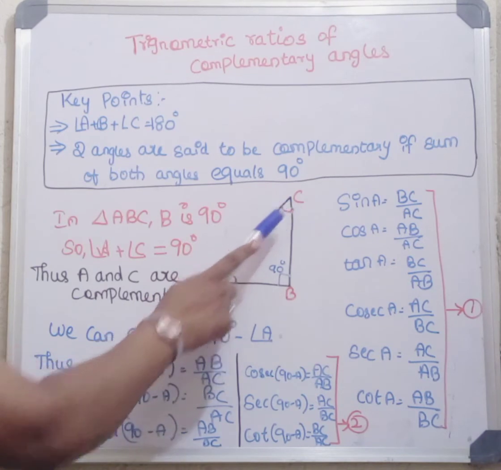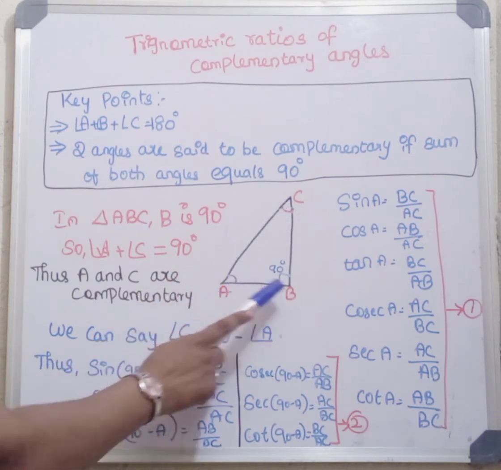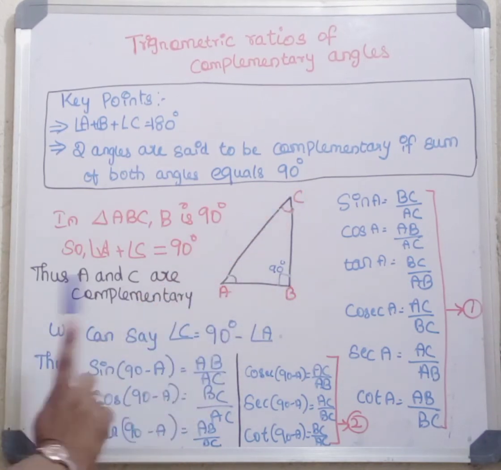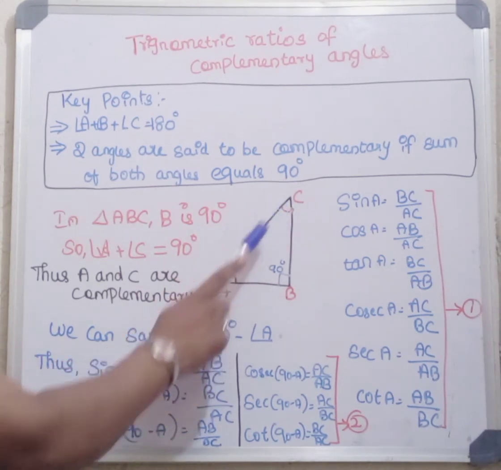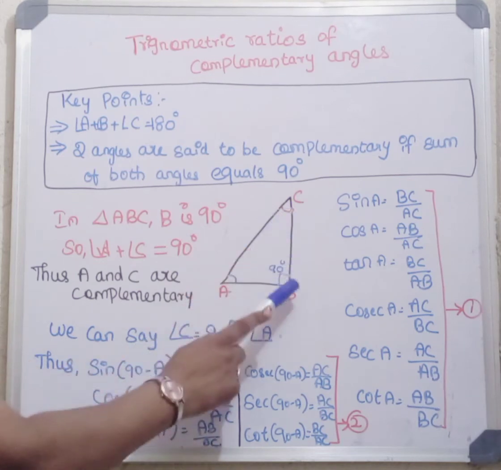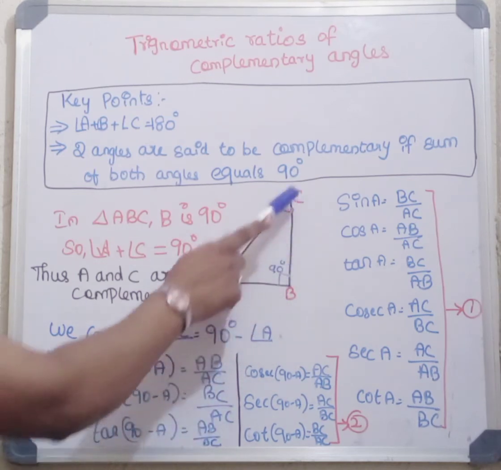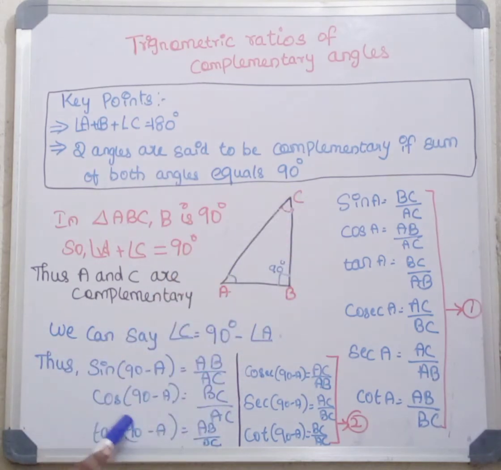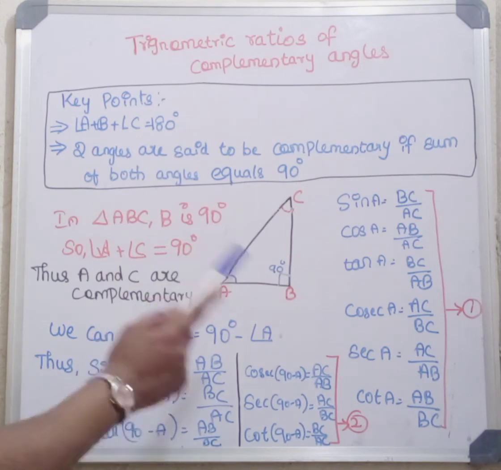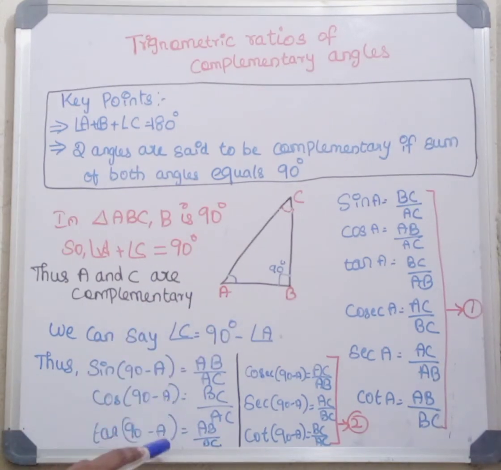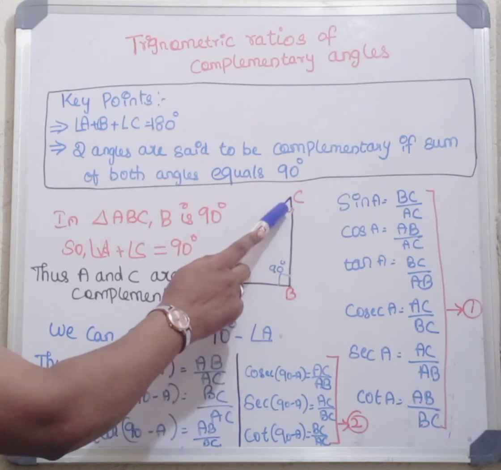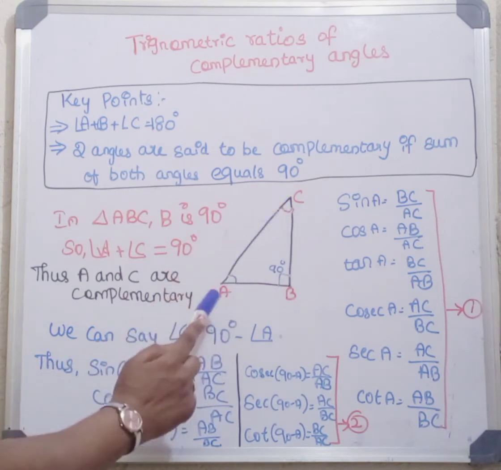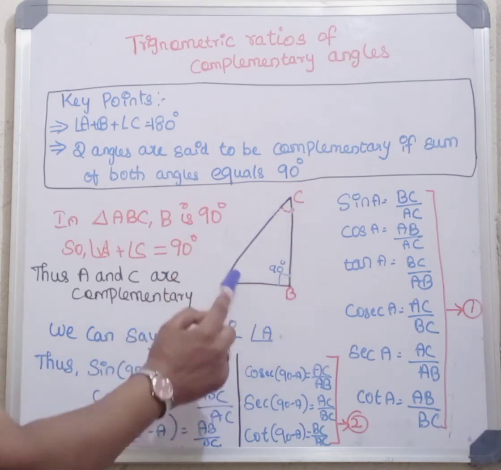Sin 90 minus A is equal to opposite by hypotenuse, that is AB by AC. Next, cos 90 minus A, that is cos C, is adjacent by hypotenuse, BC by AC. Tan 90 minus A is equal to opposite by adjacent, that is AB by BC. In the same way, cosecant 90 minus A is hypotenuse by opposite, AC by AB.